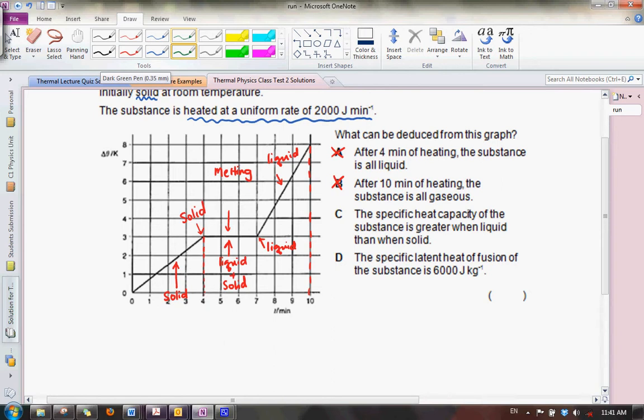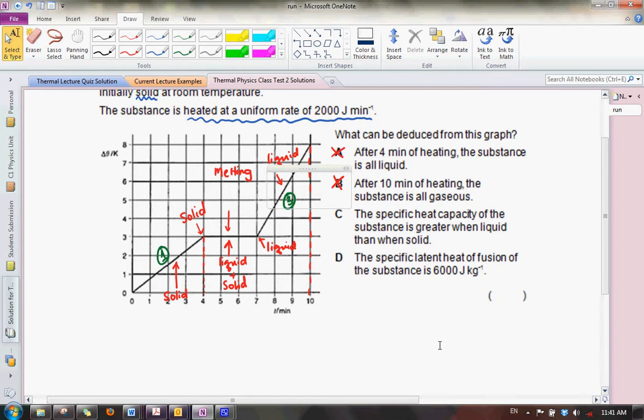To analyze that statement, we need to analyze stage 1 and stage 3 of that graph. The key difference between the two stages is the gradient. If we can see how the specific heat capacity of the substance is related to the gradient, we will be able to do this question.